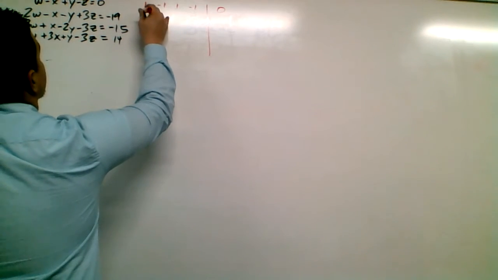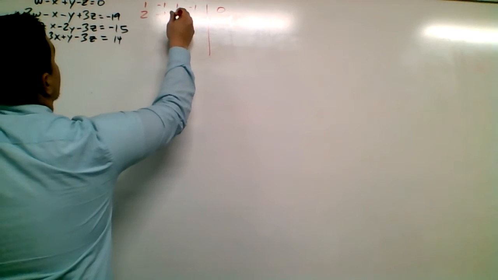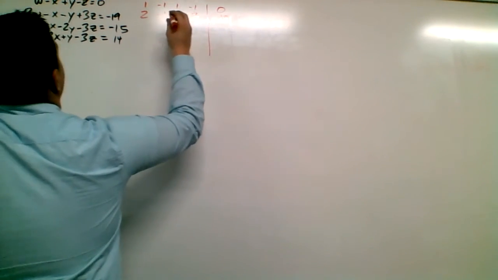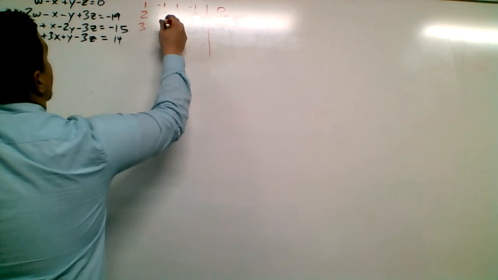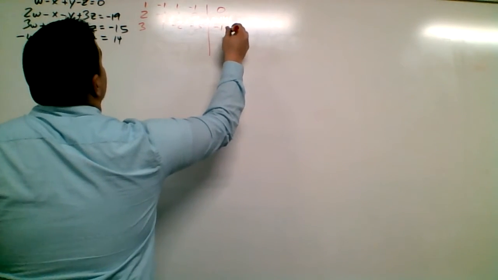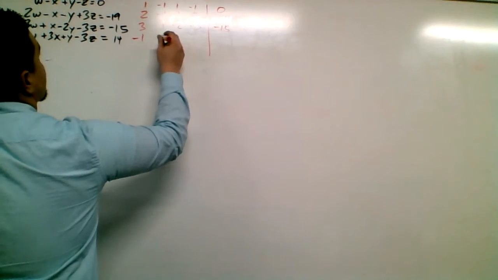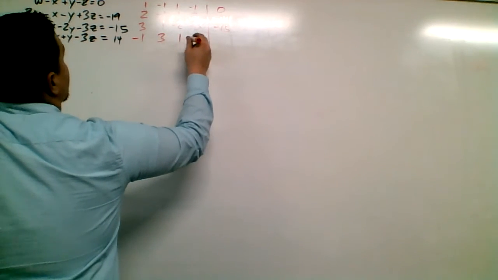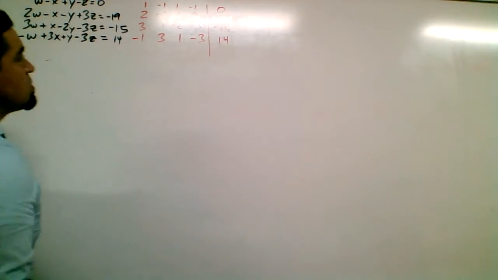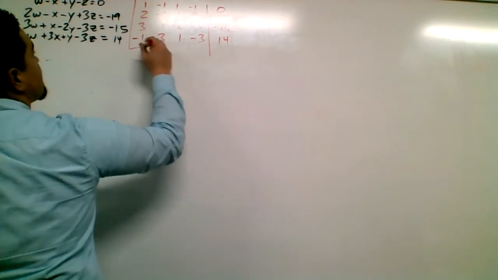On the second equation, we have 2, -1, -1, and 3, and then -19 here. And then for the third equation, 3, 1, -2, -3, and -15. The fourth equation, -1, 3, 1, and -3, and 14. So this is how we start.